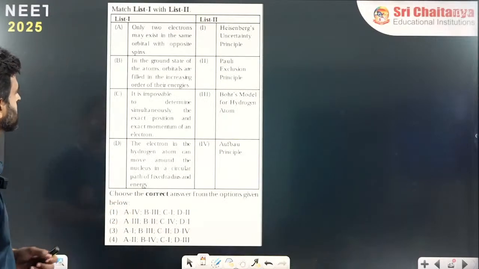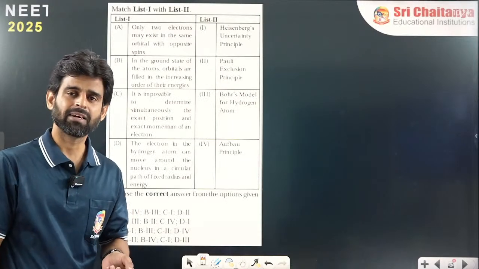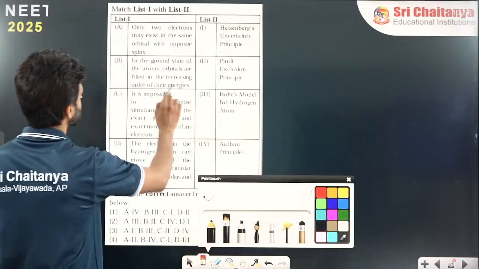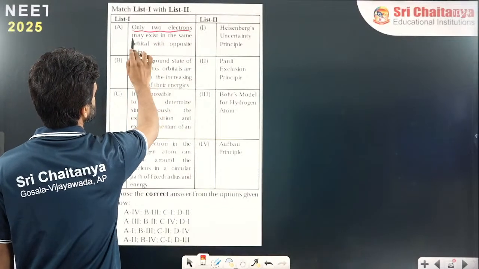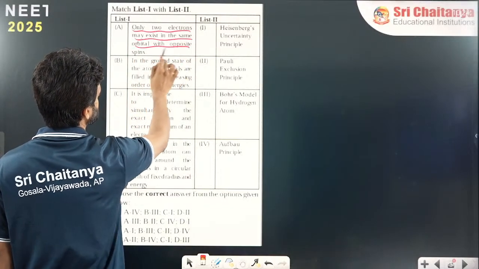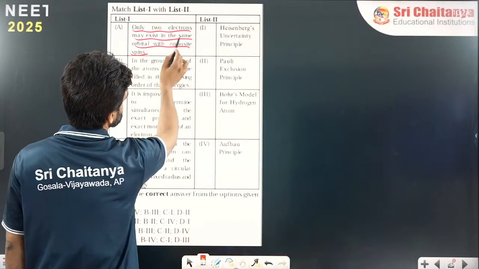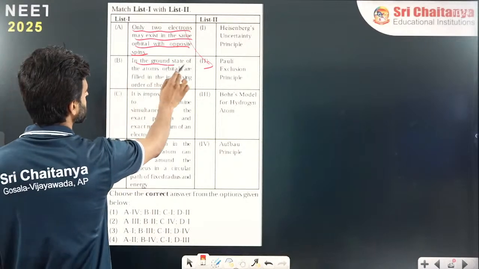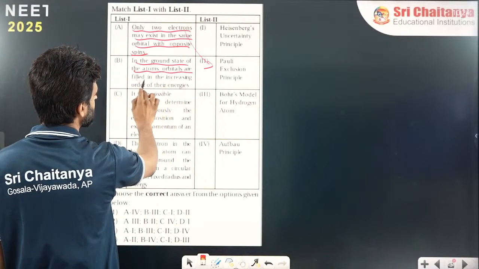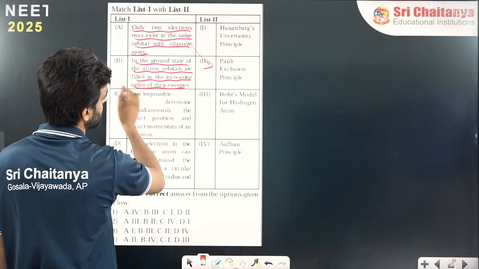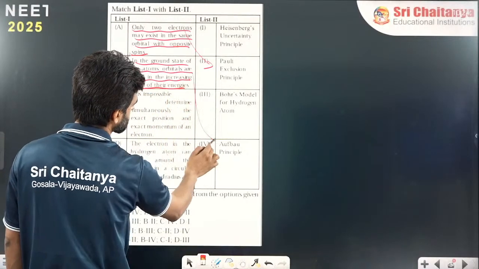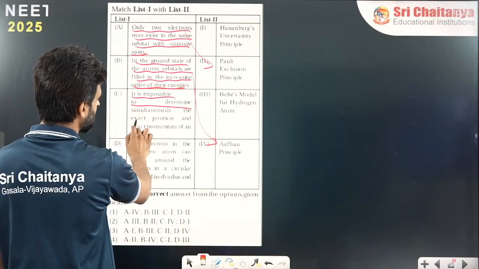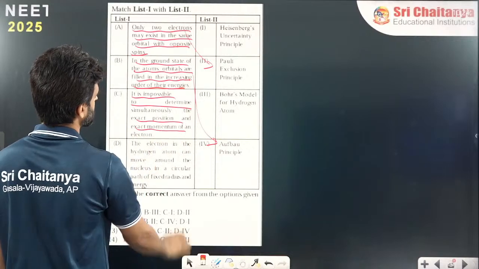Easy. Now, they have given some statements and we have to match the following. The first one is only 2 electrons may exist in the same orbital with opposite spin. It is given by which one? Pauli's exclusion principle. Very easy to find. In the ground state of an atom, the orbitals are filled in increasing order of energy. Again very easy. Which one? Aufbau rule. It is impossible to determine simultaneously the exact position and momentum of an electron.